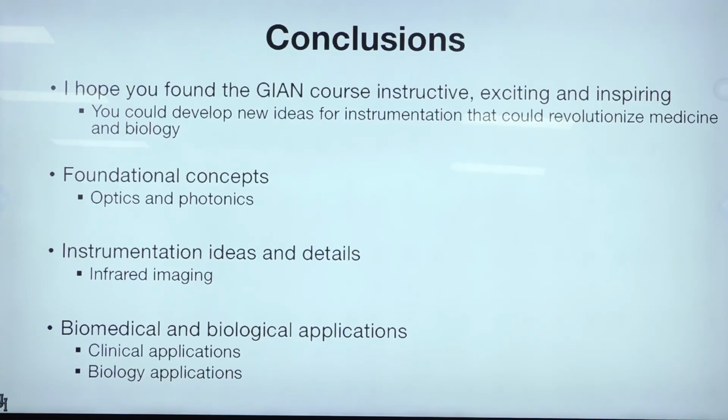I hope at the end of this GYAN course you found it instructive, exciting, and also inspiring, and that many of you could develop new ideas for instruments that could perhaps revolutionize medicine and biology.